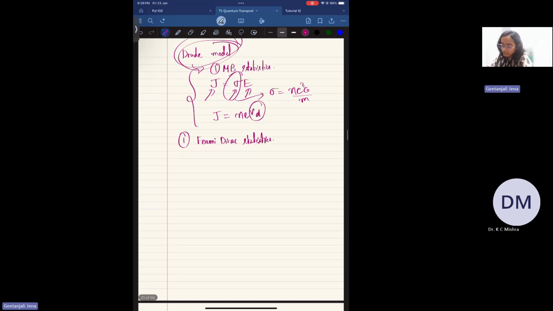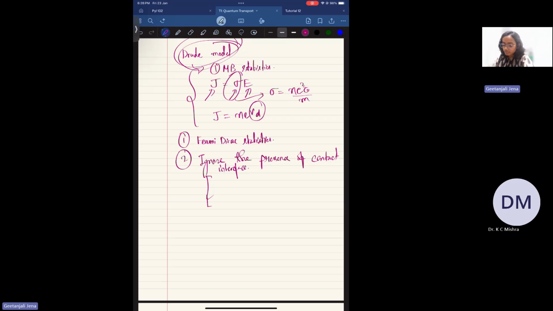Okay. And the second thing it doesn't consider is that it completely ignores the presence of a contact interface. Because of this, we are typically ignoring the effect of a contact interface on the transport behavior.